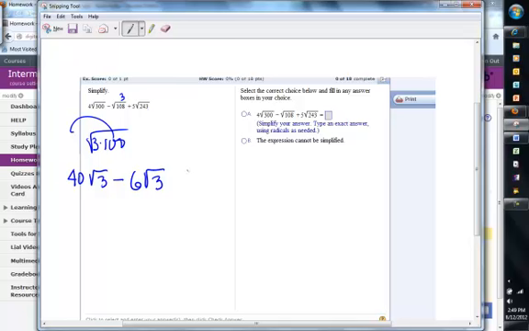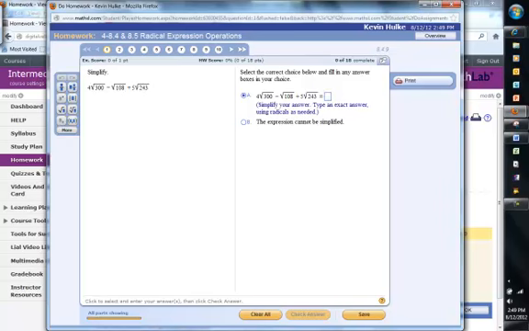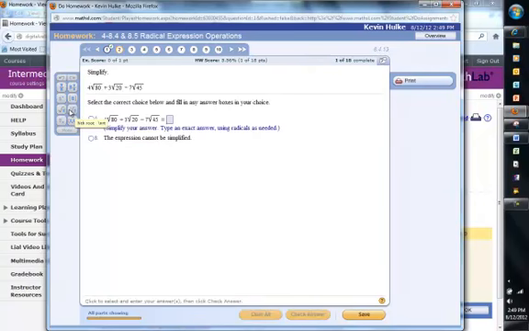Square root of 81 is 9. 9 times 5 is 45, square root 3. 40 and 45 is 85, minus 6 is 79, square root 3.